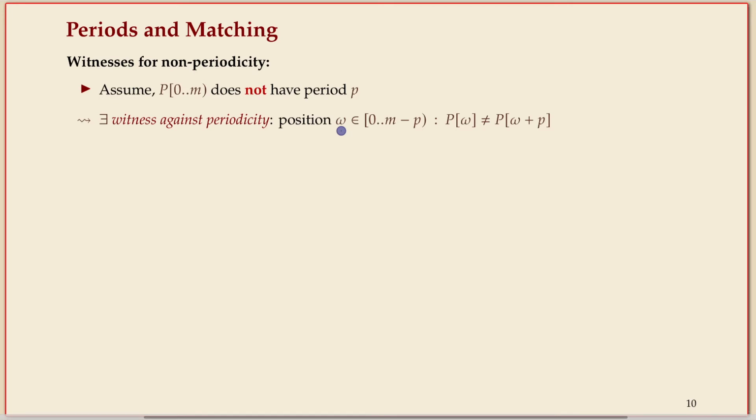And it's denoted by omega here, little omega. So it's just a position in the pattern where if you shift it over by p positions, you have a mismatch. That position then witnesses against the periodicity, against the period p, right? Is it clear? When I have a non-period p, some number that is not a period of the string, there must be some position where there is a mismatch. Otherwise, it would be a period.